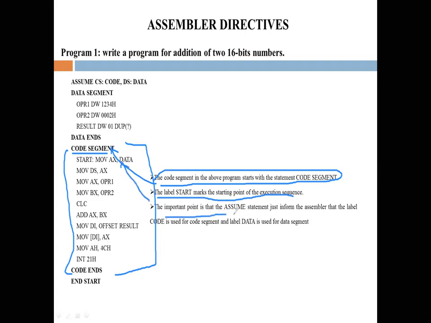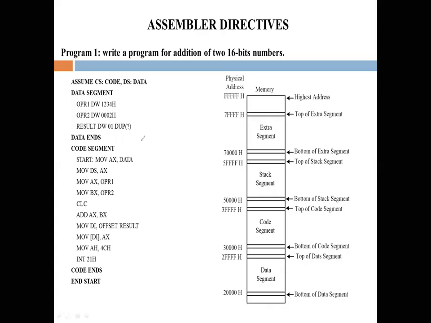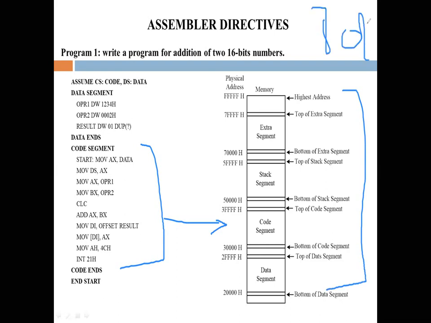The important point is that the assume statement just informs the assembler that the label code is used for the code segment and label data is used for the data segment. The code segment part is stored in the code segment of the memory of 8086. The whole programming or logic is written in this segment, and after completing the logic, we end the code segment and end the label start.